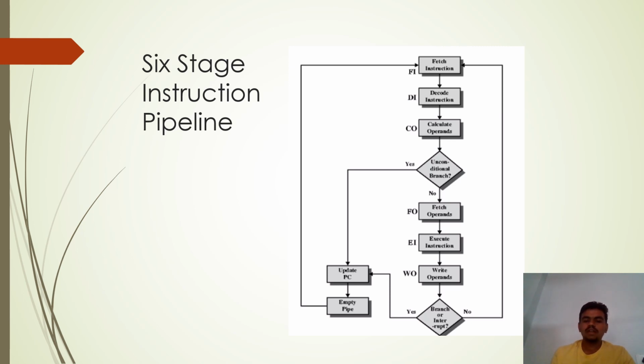In this branch, yes, it moves to update PC, and no, it goes to the next FO fetch operands, and next EI execute instruction, and WO write operands, and last check branch. If yes, it gets updated and the pipe is emptied, returning to the first; if no, then it returns.